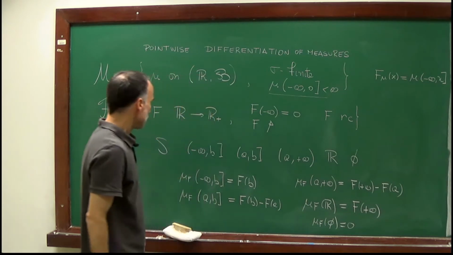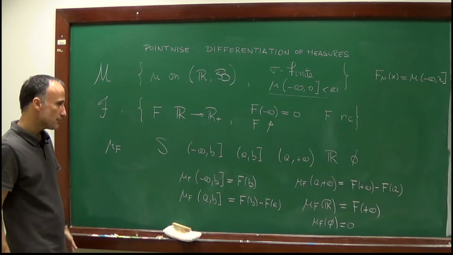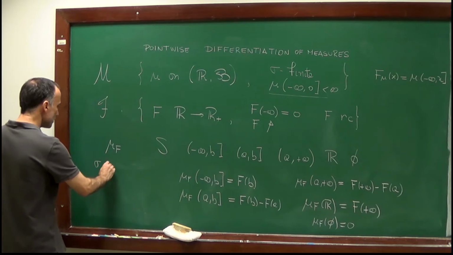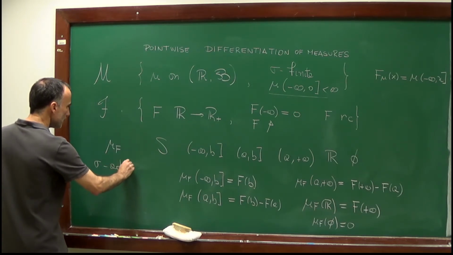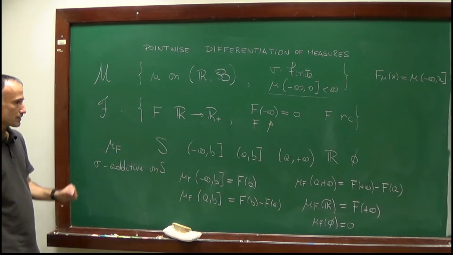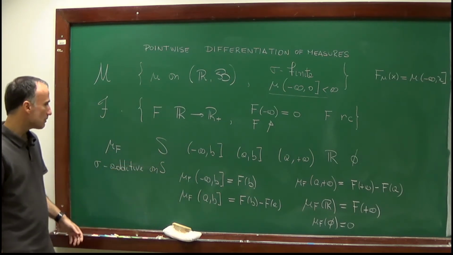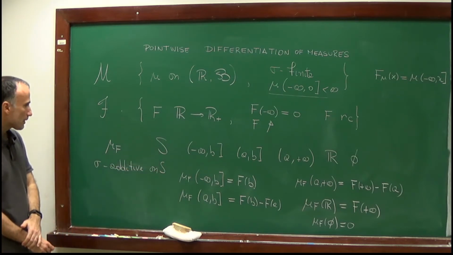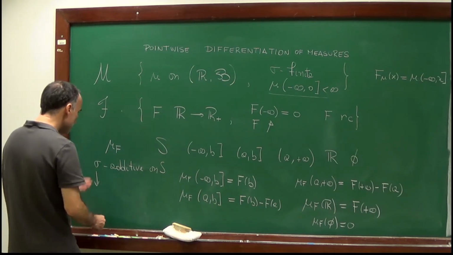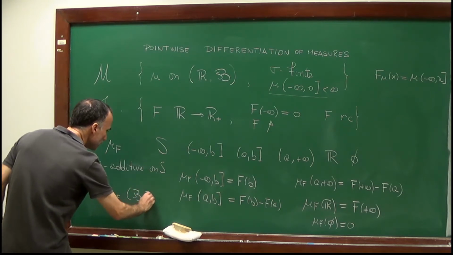So this defines a function mu f on this semi-algebra, and what I claim is that you can prove that mu f is sigma additive on S or on the algebra generated by S, in the same way as you proved that the Lebesgue measure is sigma additive on S or on the algebra generated by S. And therefore, by Carathéodory's theorem, you can extend this measure mu f to the Borel sets of the line.